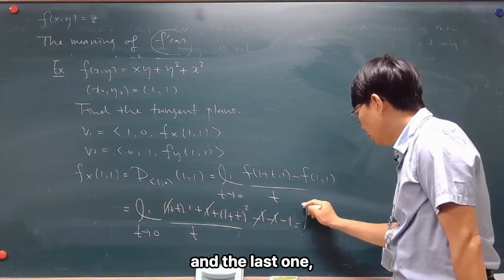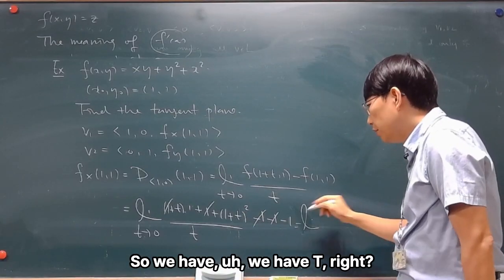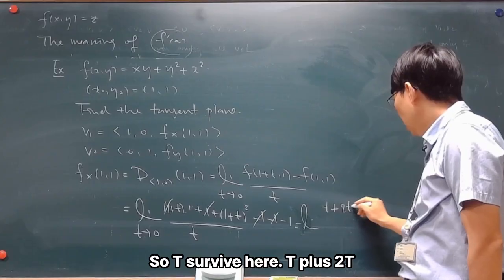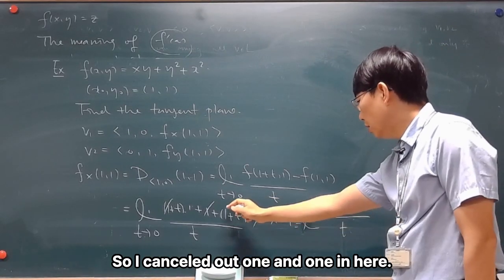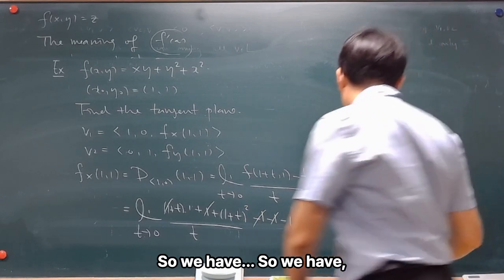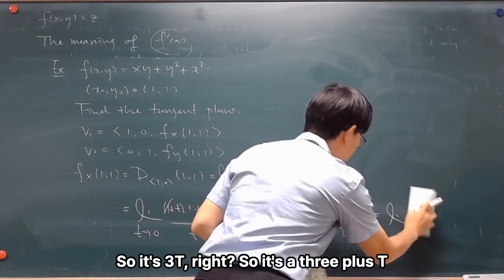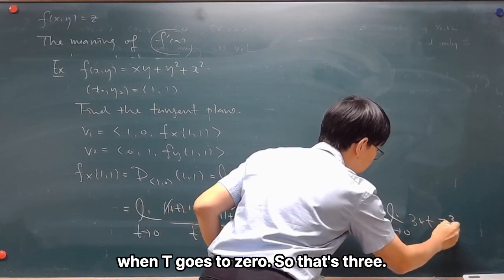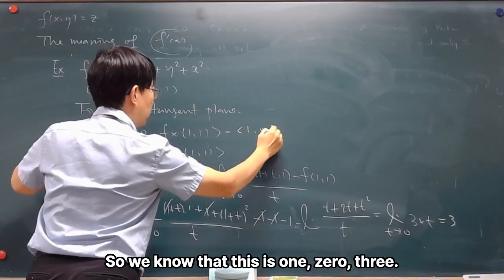And the last one is 1 plus 2t plus t squared. So t survives here: t plus 2t plus t squared, divided by t. So I canceled out the 1 and 1 in here. So what do we have? The limit of 1 plus 3t, so it's 3 plus t when t goes to 0. So that's 3. So we know that this is 1, 0, 3.